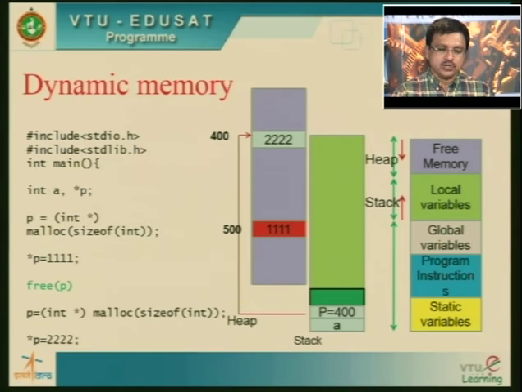The function that will do that is free. The green line that we have specified, after star p is equal to 1111, specifies to free this allocation. That means it is provided back to the operating system, so the same block of memory can now be given to some other process.